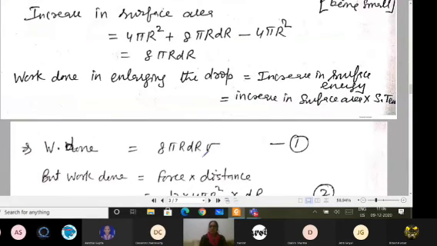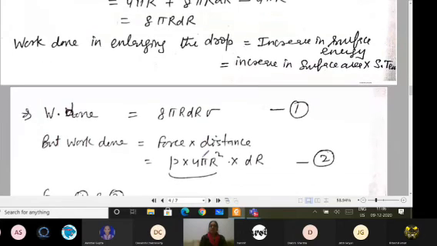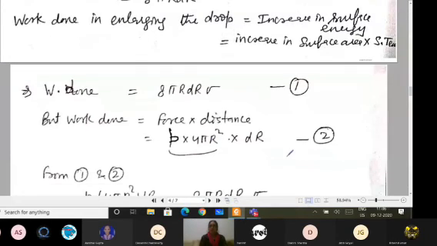But from the other definition, work done is equal to force into distance, and force is pressure into area. The excess pressure I have supposed as small p, and the area is 4 pi r square, and the distance it is moving is dr. So these are both values for the work done, one from the definition of surface energy, another from the normal definition of work done.